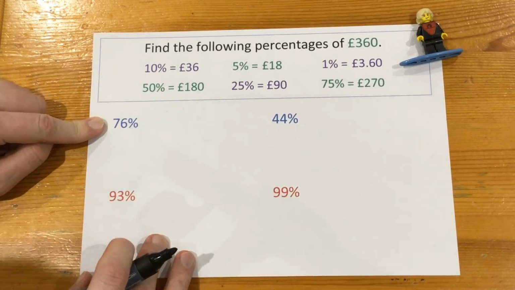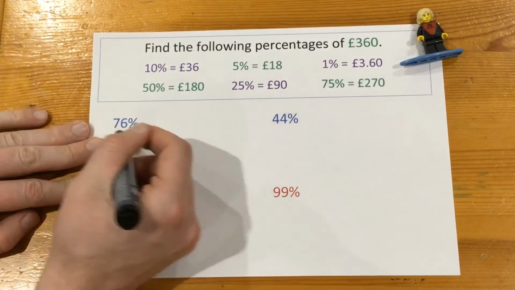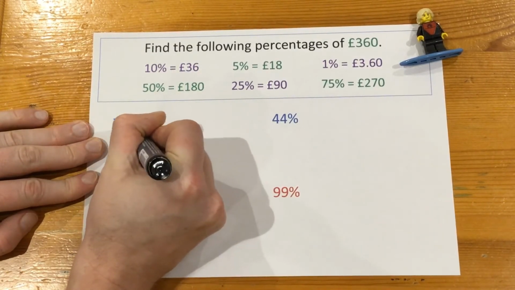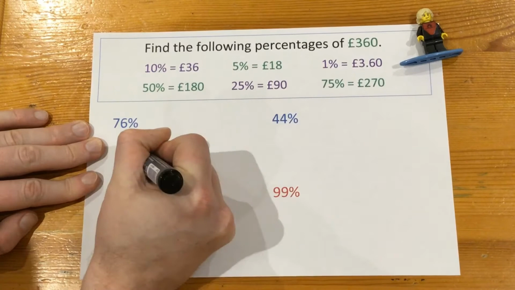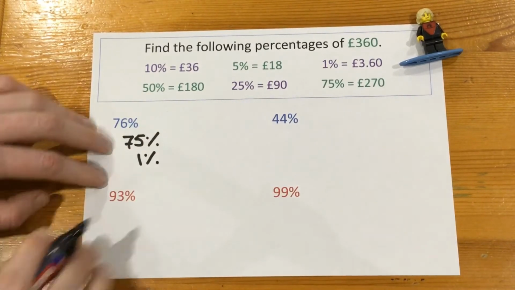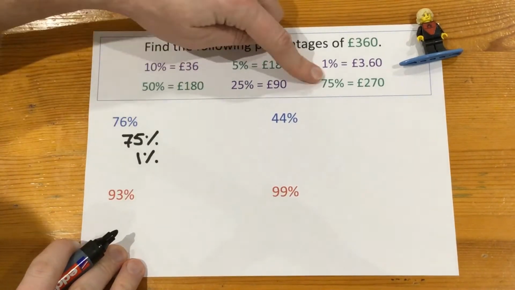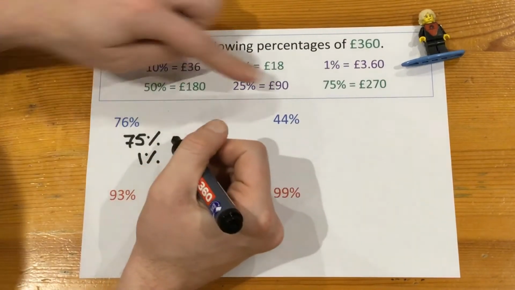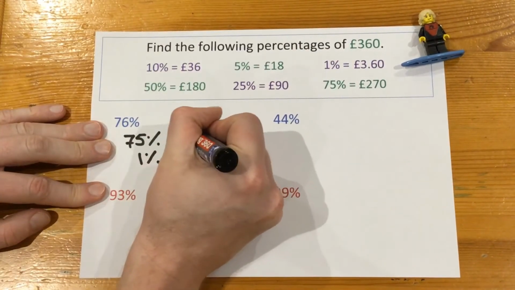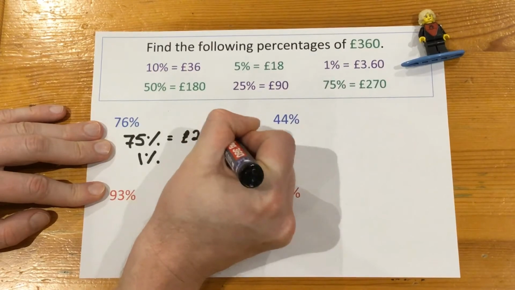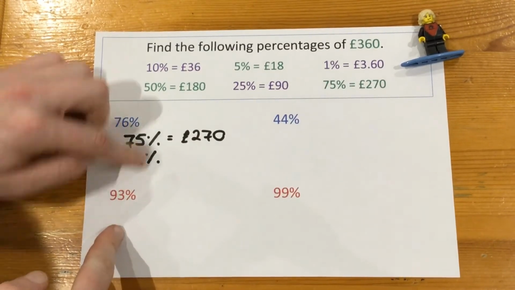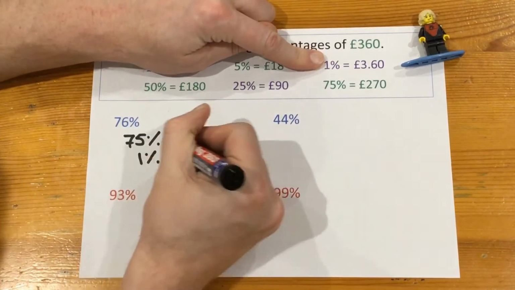How will I work out 76%? I would break that up into 75% and 1% and combine these two together. I know from my previous working out, 75% of £360 is £270. And I know 1% is £3.60.